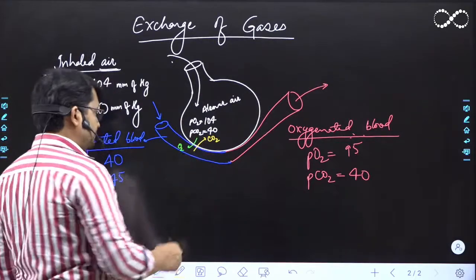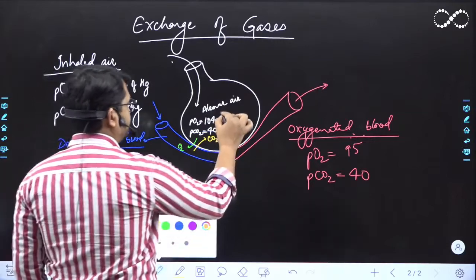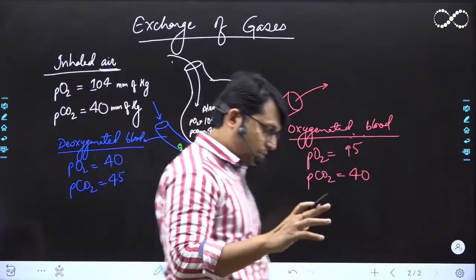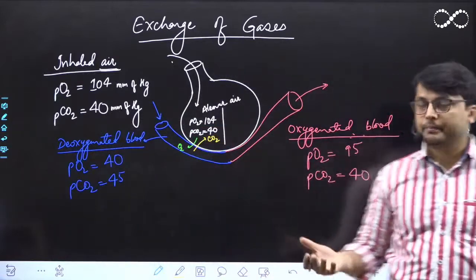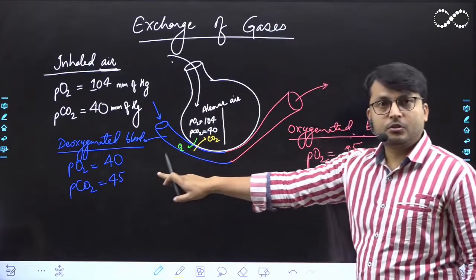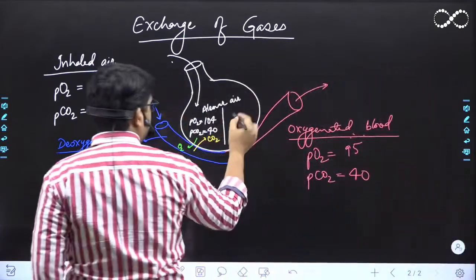What will happen? Now, if we look here in this alveolar air, तो blood तो deoxygenated से oxygenated हो गया, correct? लेकिन ये जो extra CO2 निकला है, वो कहाँ गया है? In this air, correct? Which has to be exhaled.